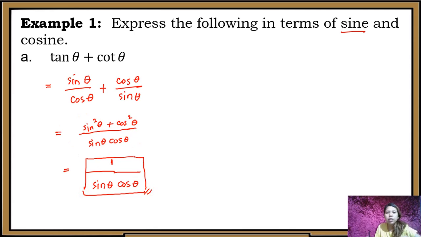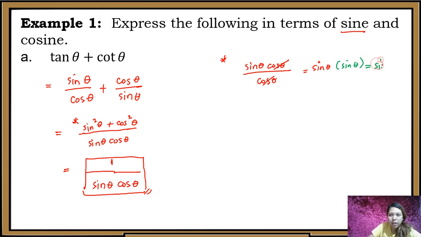Okay, so this is for letter A. I'll just write it here. Take note that sine theta cosine theta divided by cosine theta, the cosine cancels. So what remains is sine theta, and then times sine theta, so it becomes sine squared theta.